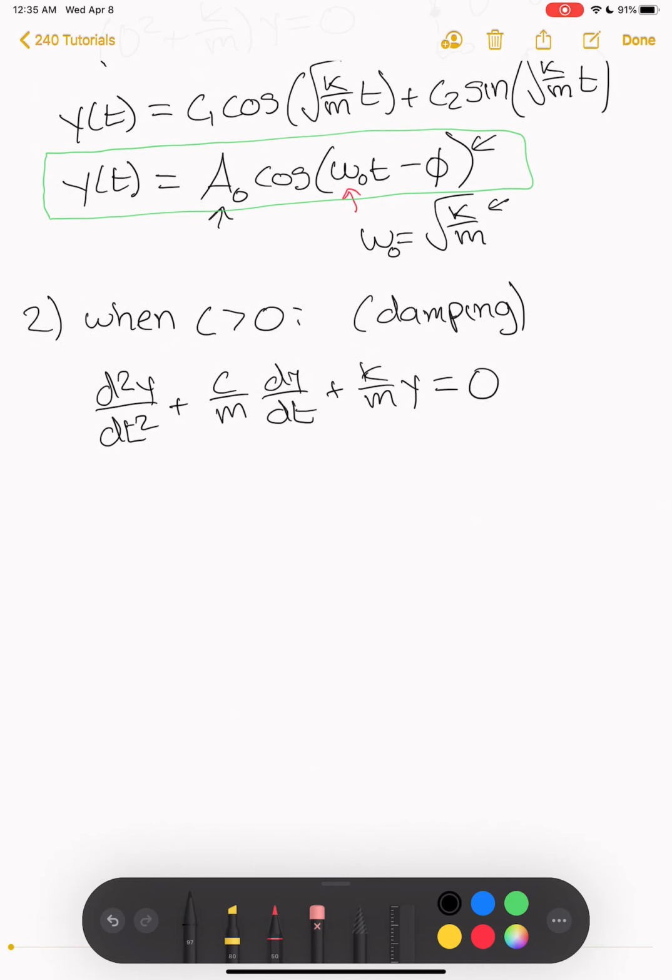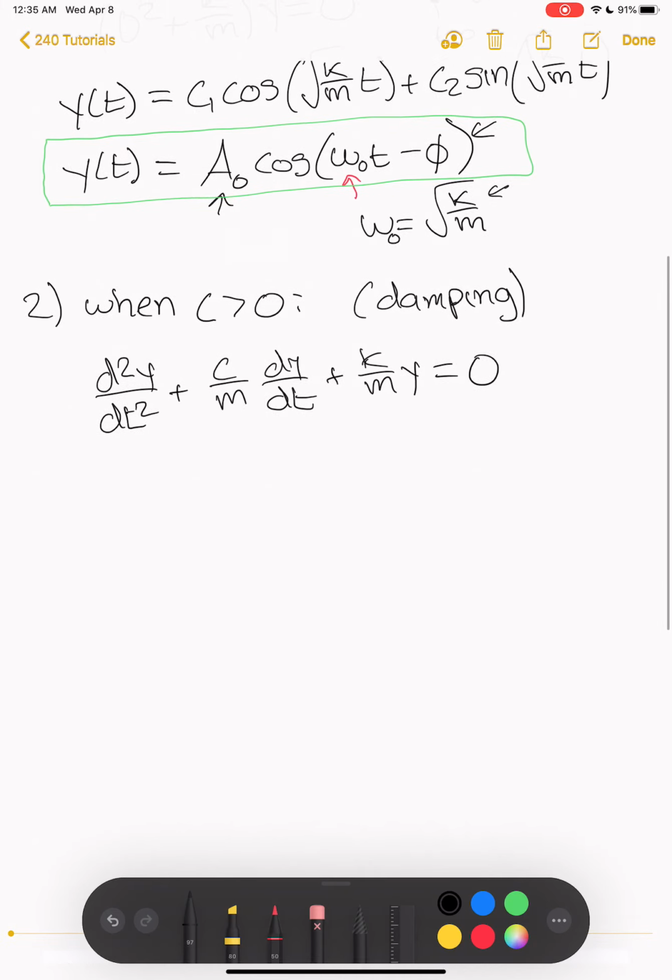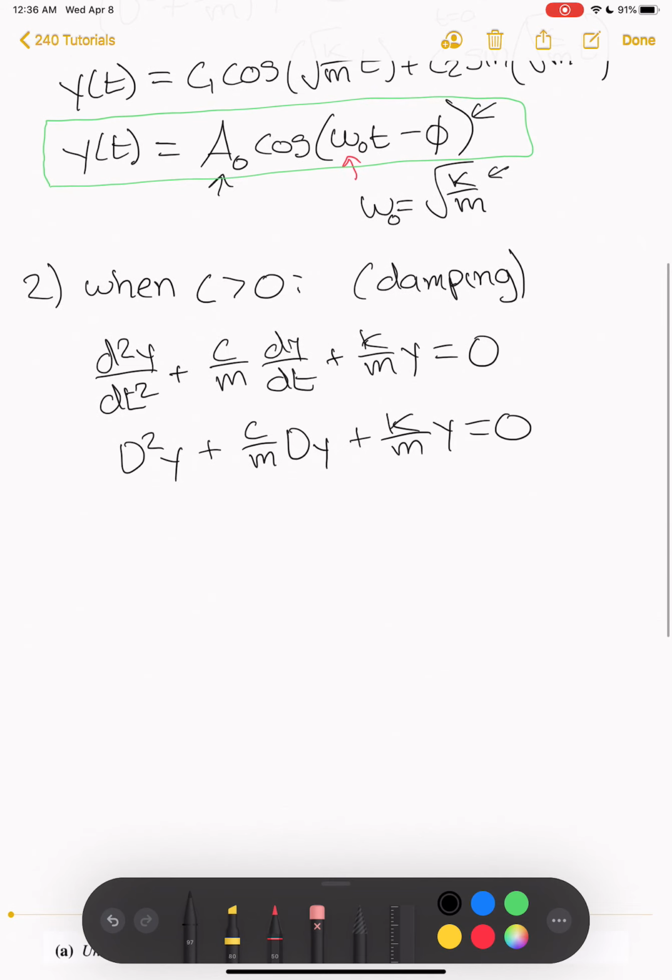And we go ahead and factor this as we normally would any other second order differential equation. So this becomes d squared applied to y plus c over m d applied to y plus k over m times y is 0. So I can factor this out: D squared plus c over m d plus k over m applied to y is equal to 0.